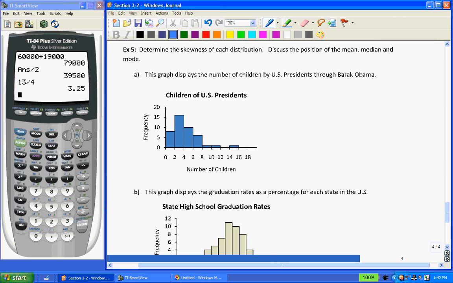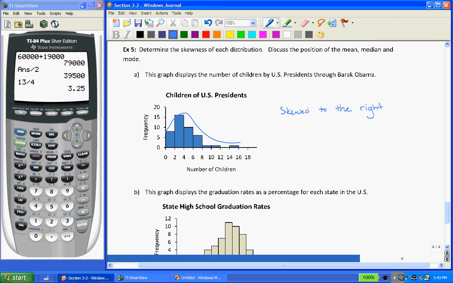And notice that it's quite rare for someone to have 8 or more children. So this distribution, if you think of kind of superimposing a curve over it, this is considered skewed to the right. So always think of the skewness in the tail. This is skewed to the right.